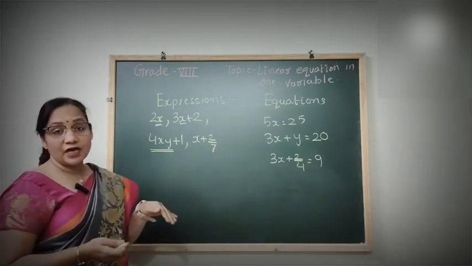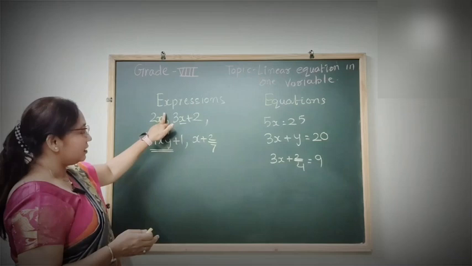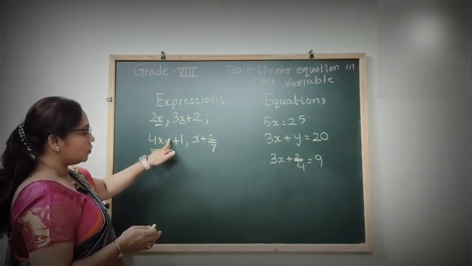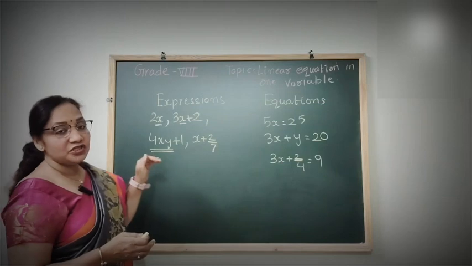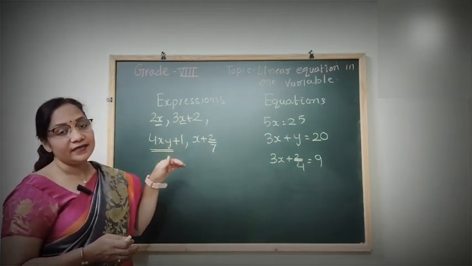Okay. Now when you check the power, 2x, here it is 1. Here also the power is 1. Here also the power is 1. Here also the power is 1. So that means the expressions having variable with power 1 are called linear expressions.